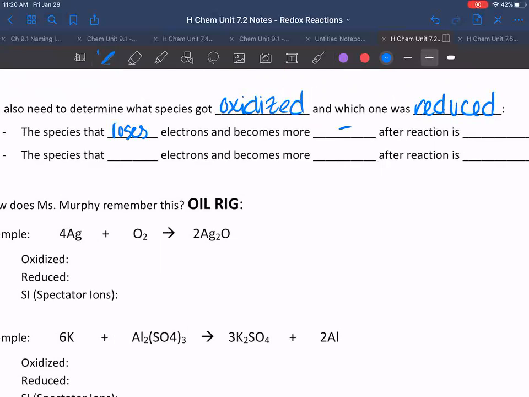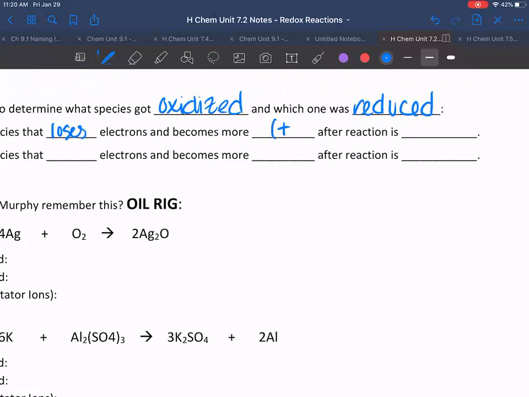Positive, awesome. Becomes more positive, and is therefore oxidized. If you have one that gains electrons, it becomes more negative, and then it's reduced.